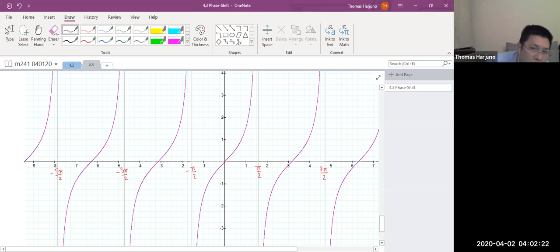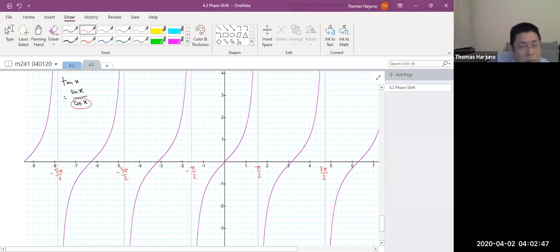Basically, we need to avoid pi over 2, 3 pi over 2, because at those points cosine x is 0, right? So when cosine x equals 0, then the tangent is undefined.